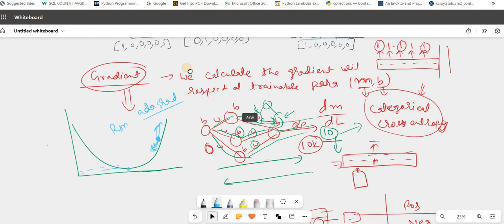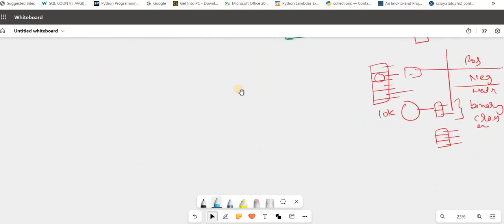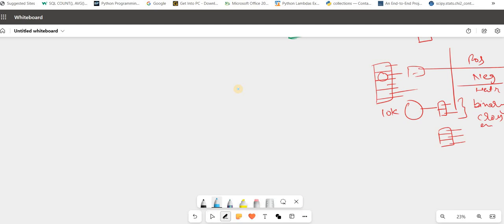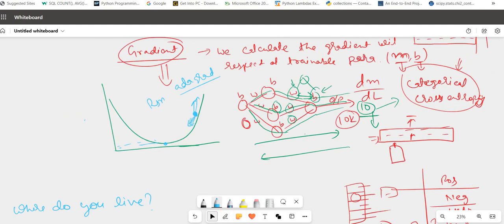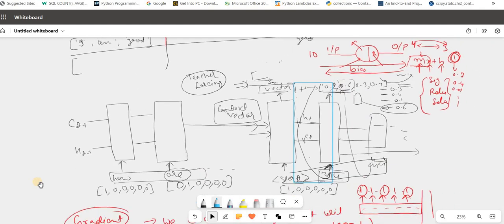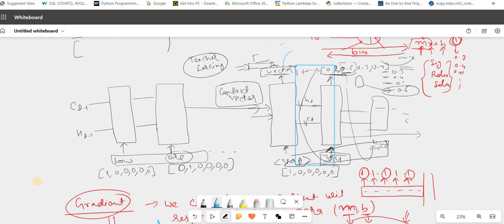So teacher forcing, you understand, but while predicting, that teacher forcing won't work. Teacher forcing means you are not giving the previous output as input to the next step. You will give the actual data here to train the model, whatever you had. You will not give the previous timestamp output vector to the next timestamp.